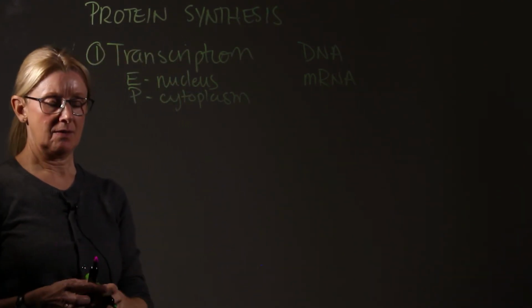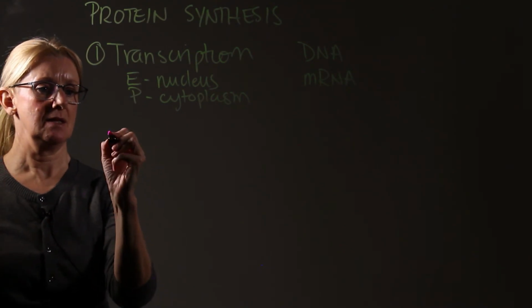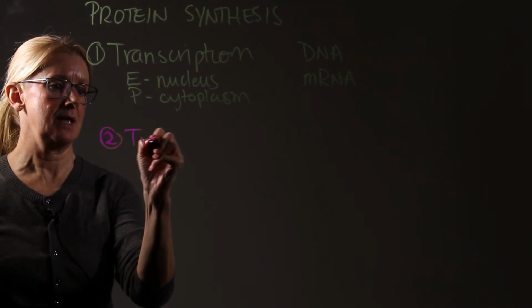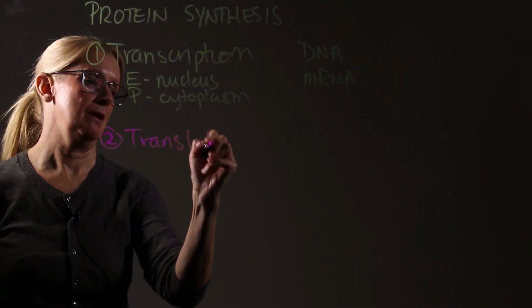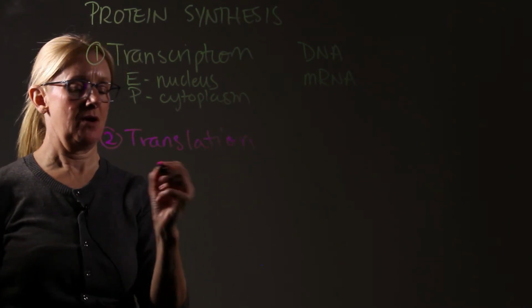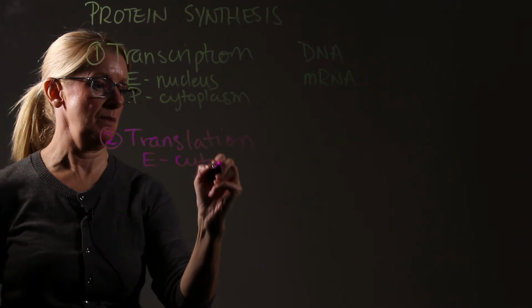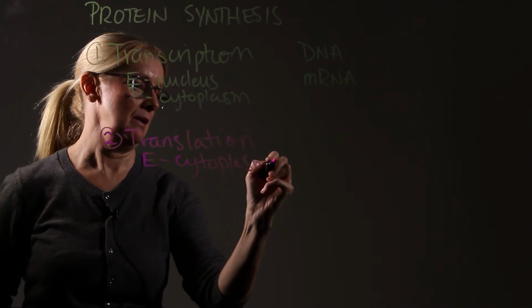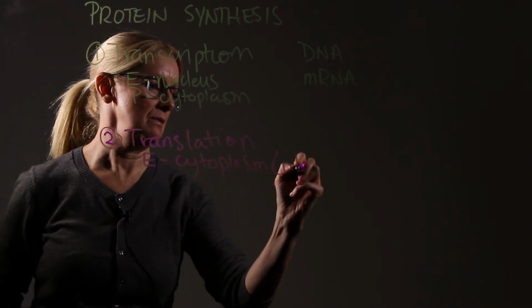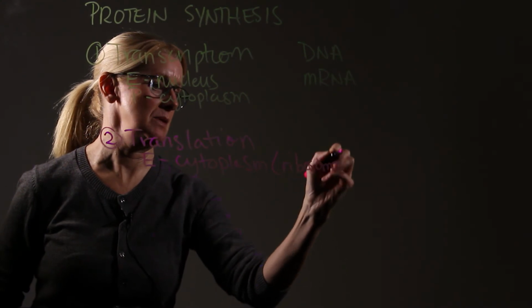So looking then at the second step of protein synthesis, we have translation. So let's start with where that occurs in eukaryotes. We said that's at the cytoplasm, and really it's on ribosomes or within ribosomes.